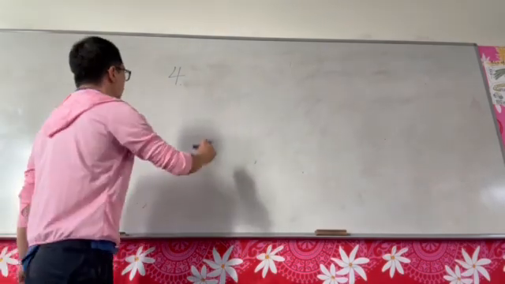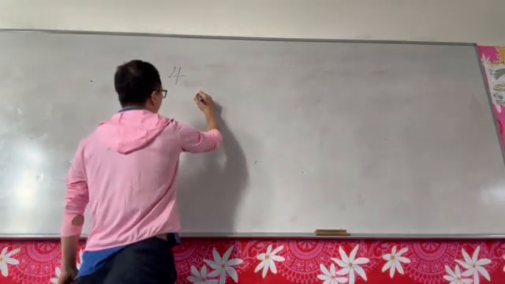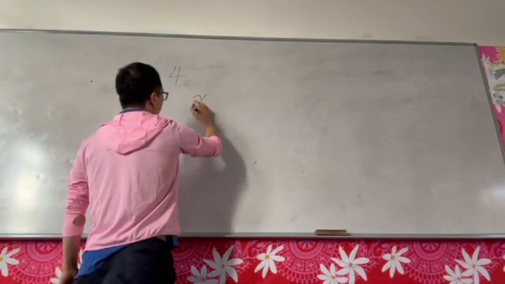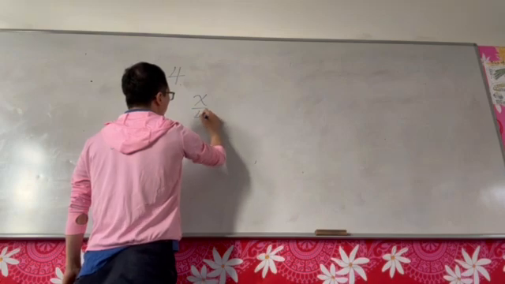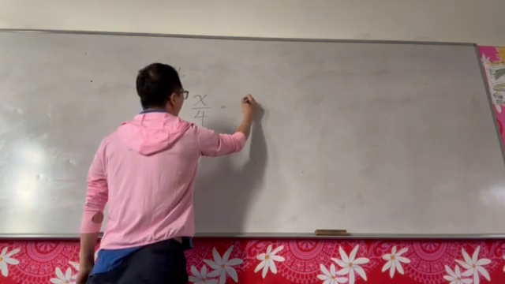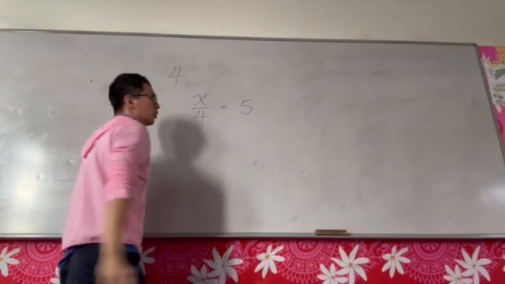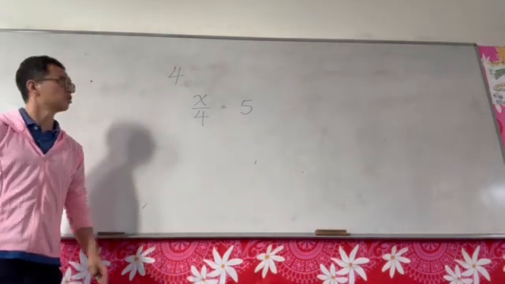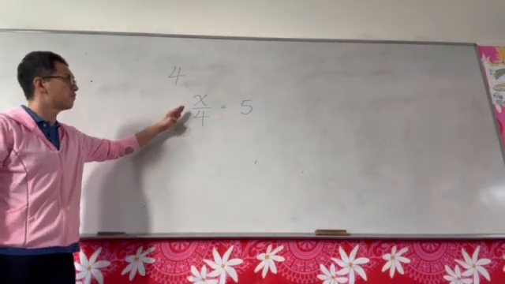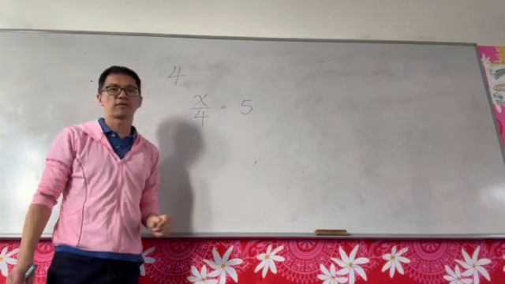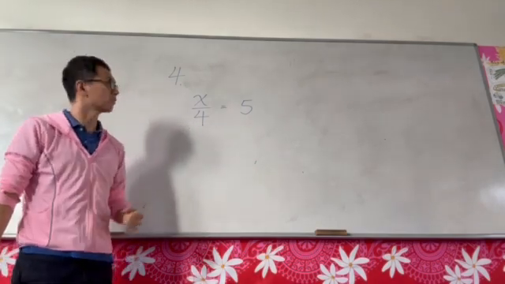Like I said, we use a line. So for instance, we have x over 4 equals 5. We want to solve for x. This means something divided by 4 equals 5. How do we solve this?